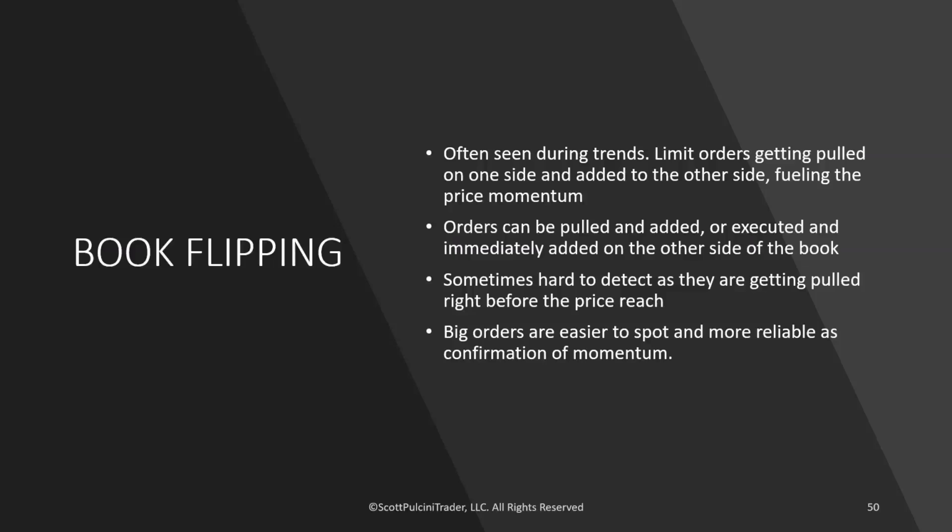Sometimes it's hard to detect as they are getting pulled right before the price gets there, like at the very last instant. So it's hard to say if they are actually getting executed or not. You're going to have to zoom in and look into the microstructure to see if they are actually getting executed.